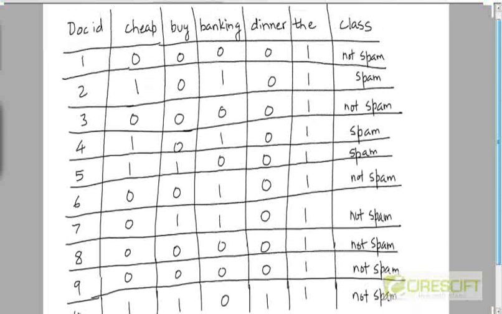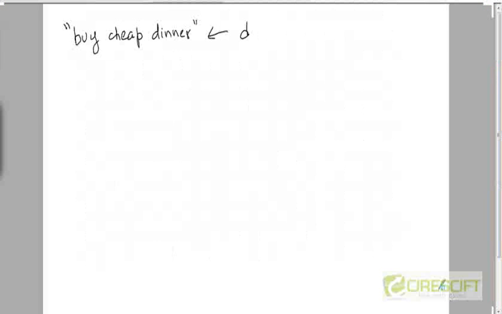So you would need to compute two probabilities overall. You would need to compute the probability, given this document, that it was generated by the class spam.